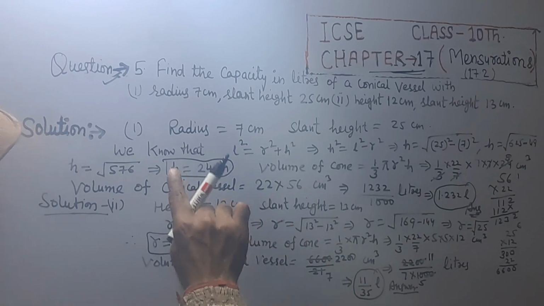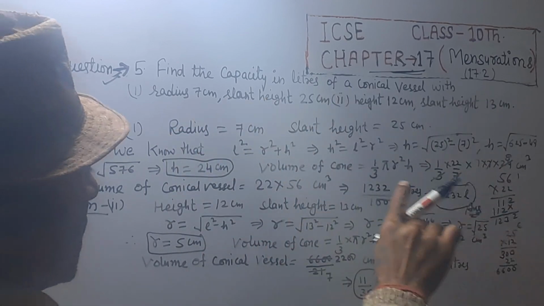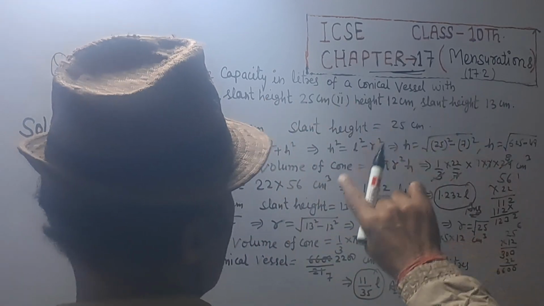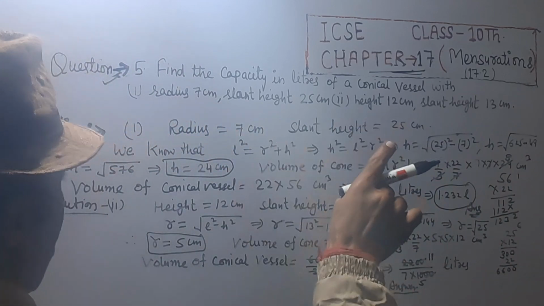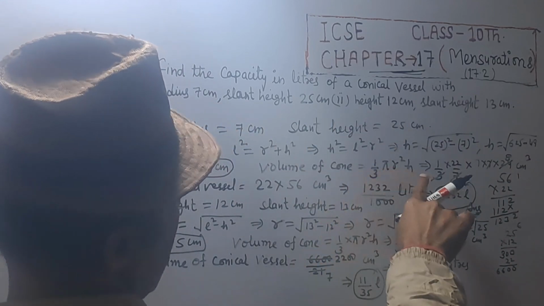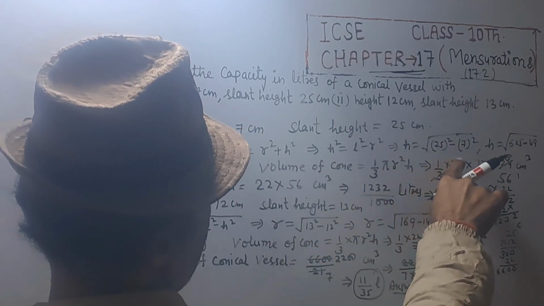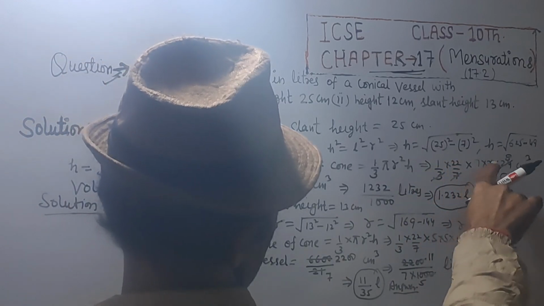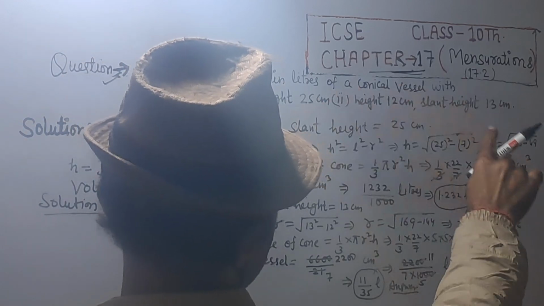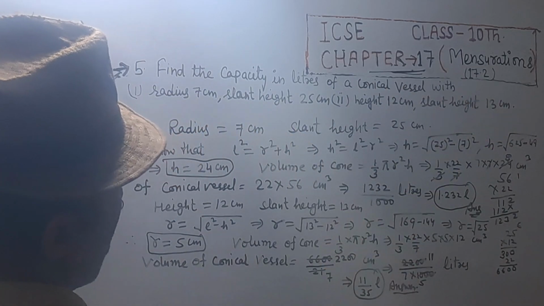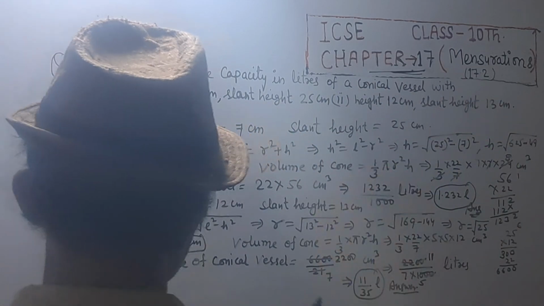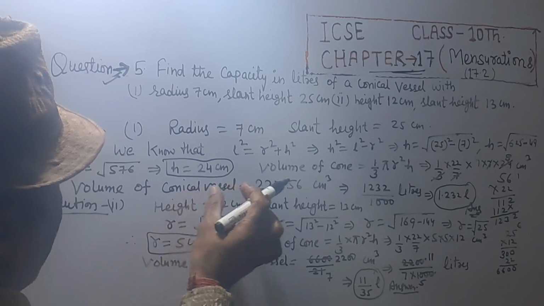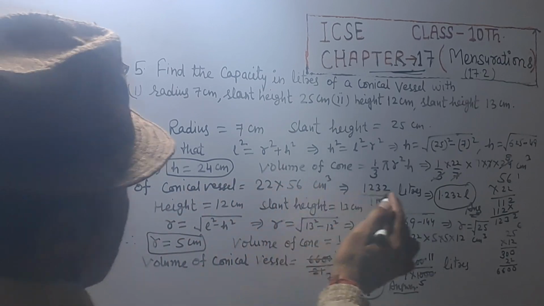Height equal to 24 centimeter. So volume of conical vessel is equal to 1/3 pi r square h, 1/3 into 22/7 into 7 into 7 into height 24 centimeter cube.